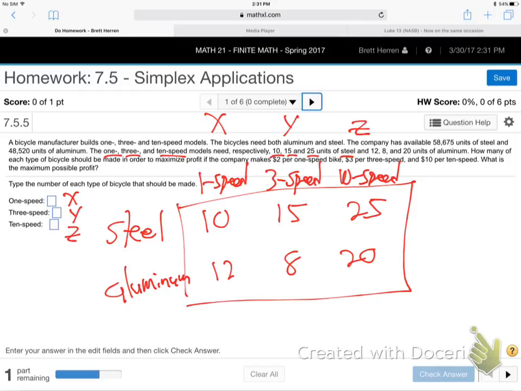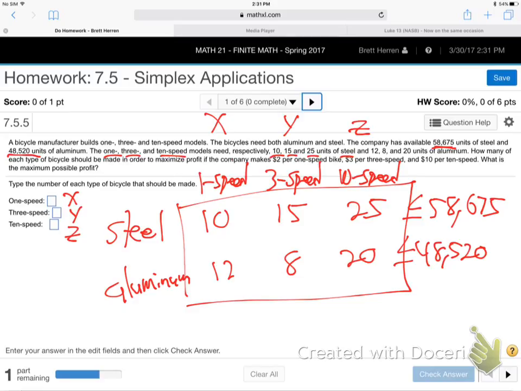And the company has 58,675 steel, so this has got to be less than or equal to 58,675 steel, and less than or equal to 48,520 aluminum. I'm getting those right here and here. See how I'm doing that?